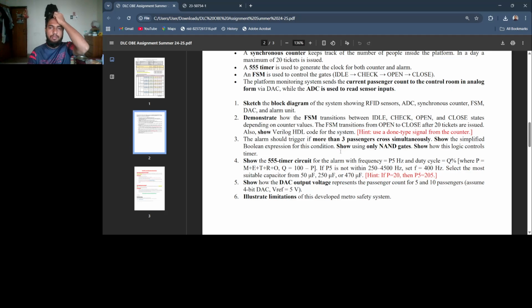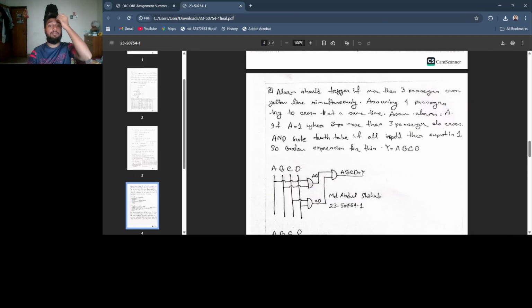So my condition: if three passengers cross your line simultaneously, then the alarm should trigger. So I assume there are four passengers there to cross the same line.